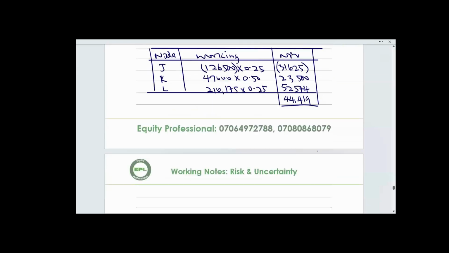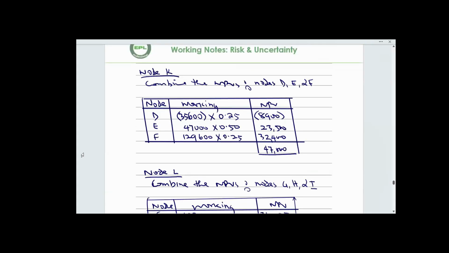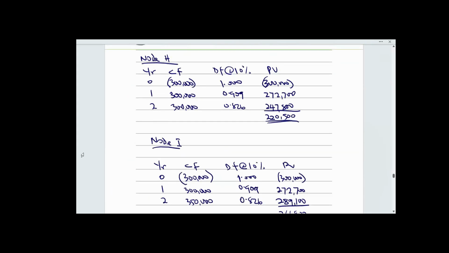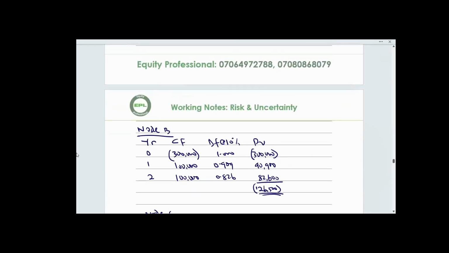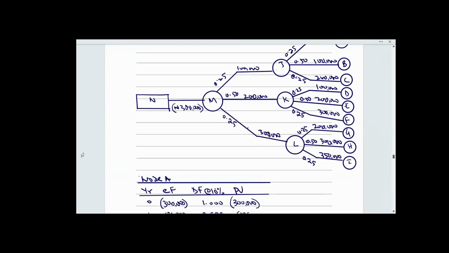After node M is node N. Node N is coming from node M, so whatever you have as your answer for node M is what you give to node N. So this will be 44,419. That's our final answer.